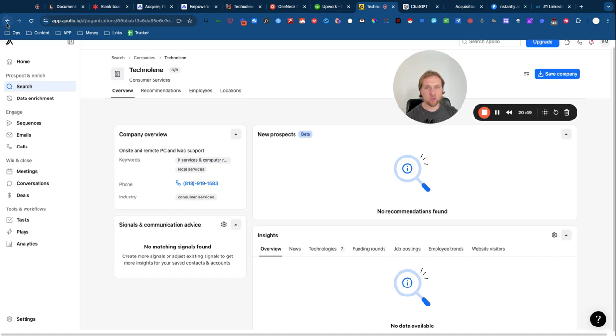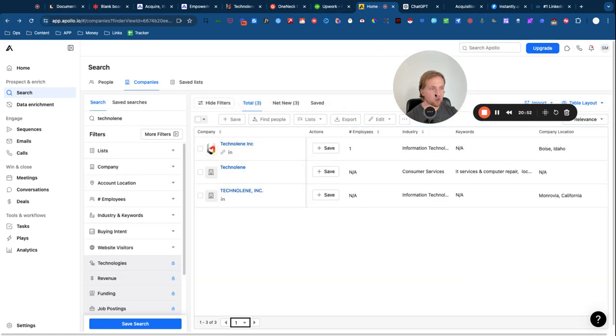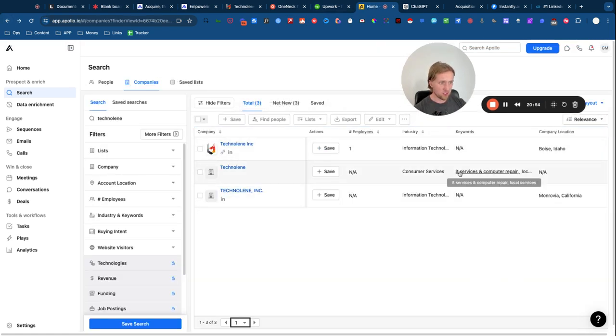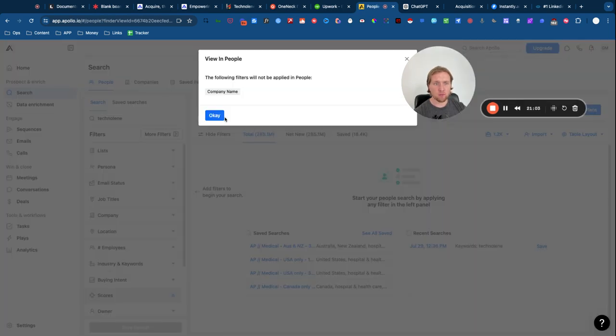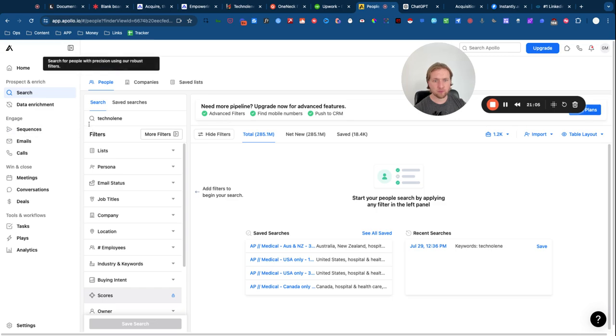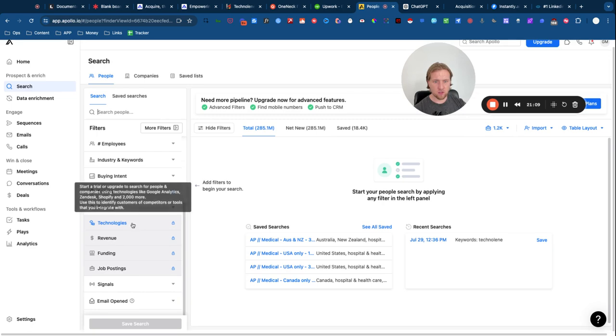I'll just do it from a top level visual point of view here. What we can see is that this company does IT services, computer repair, local services, whatever it might be. I save down all of those keywords, and then when I go into searching for companies myself, I plug those keywords into my search.